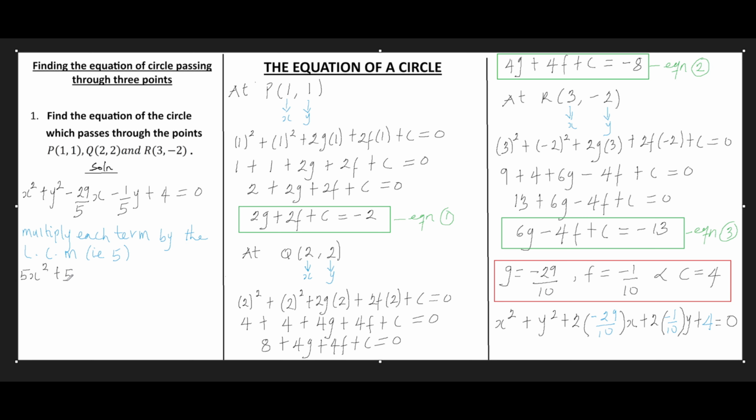We have 5y squared. We have minus 29x. We have minus y. We have positive 20. And then 0 multiplied by 5, we still have our 0. So this is the general equation of the circle which passes through these 3 given points.